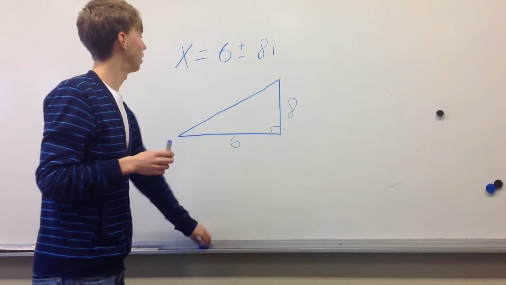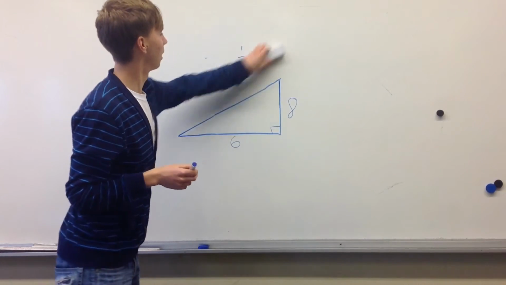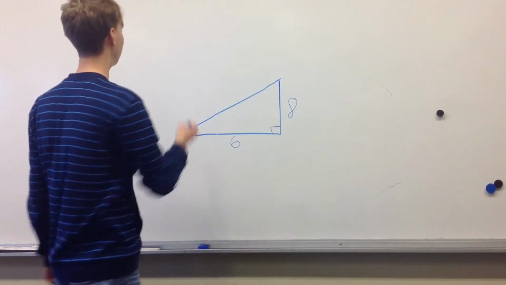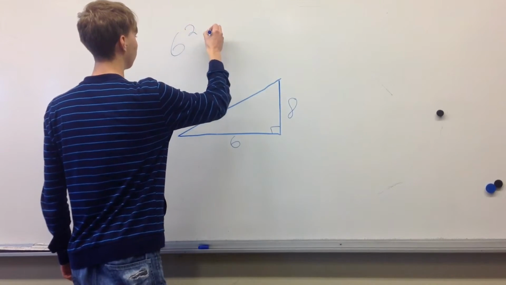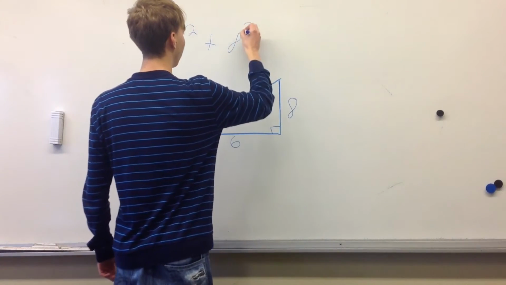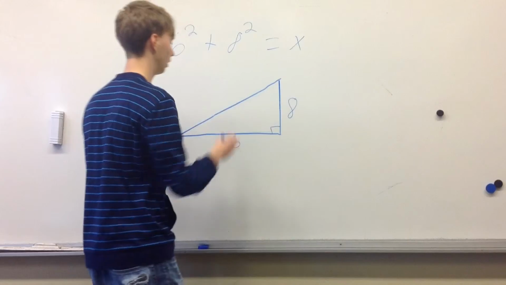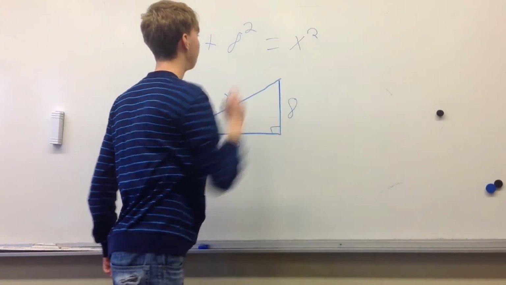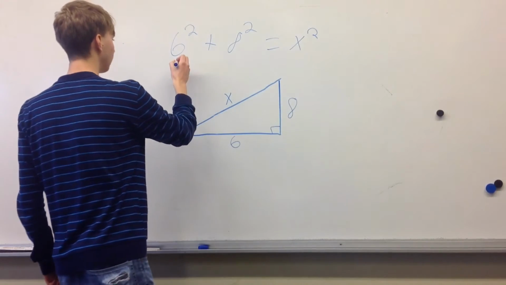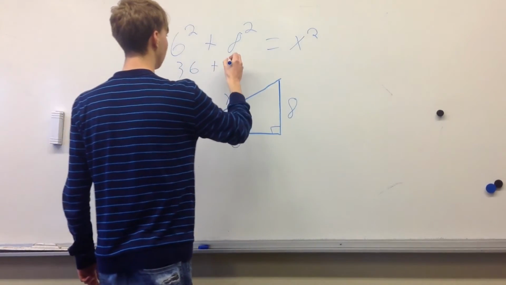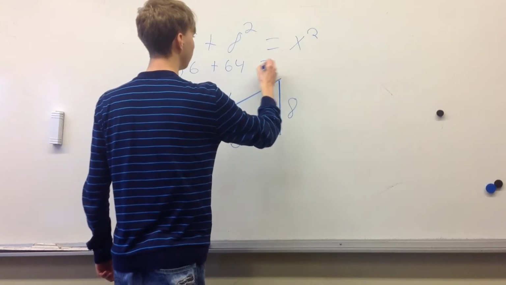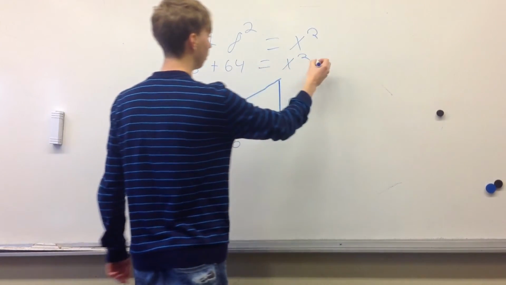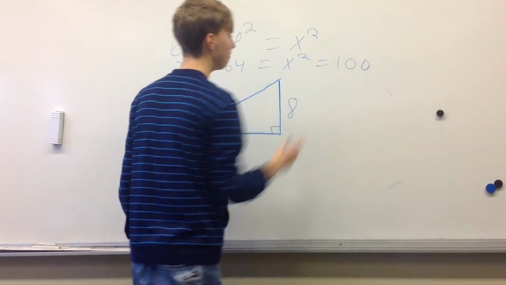To begin with, we try to solve for the hypotenuse, and to do that we use the Pythagorean theorem. If you recall, it's 6 squared plus 8 squared equals x squared, where x is the hypotenuse length. So what we get is 36 plus 64 equals x squared, and 36 plus 64 is 100.